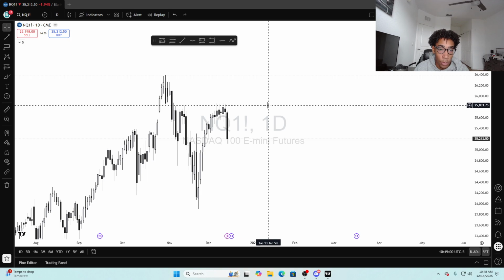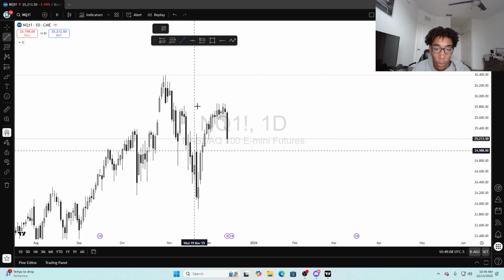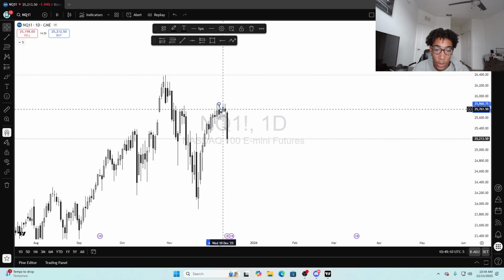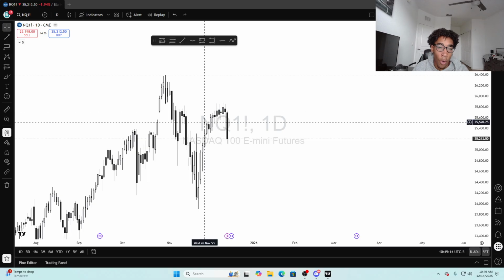So a rejection block is essentially the wick of a candle that is rejecting from a PD array or a liquidity sweep, right? I like to imagine that these wicks are the orders and the buy and sell stops getting filled to send price the other way.